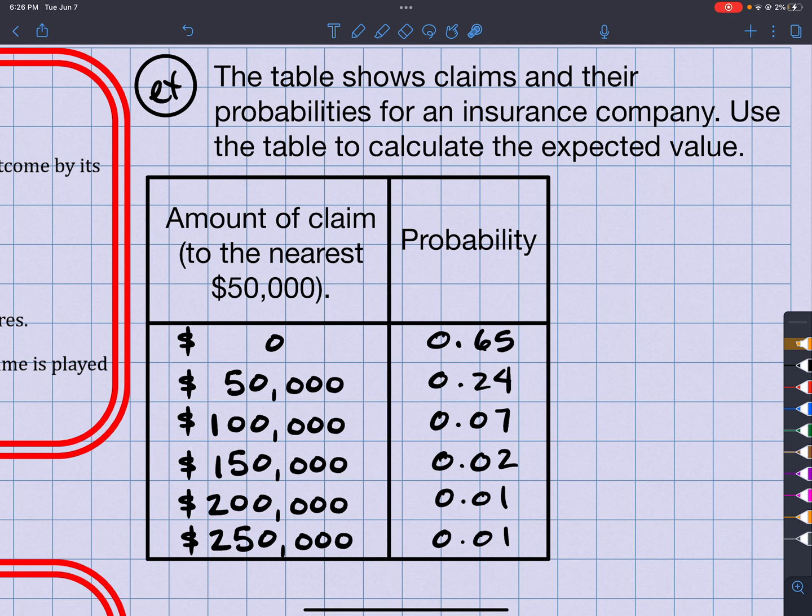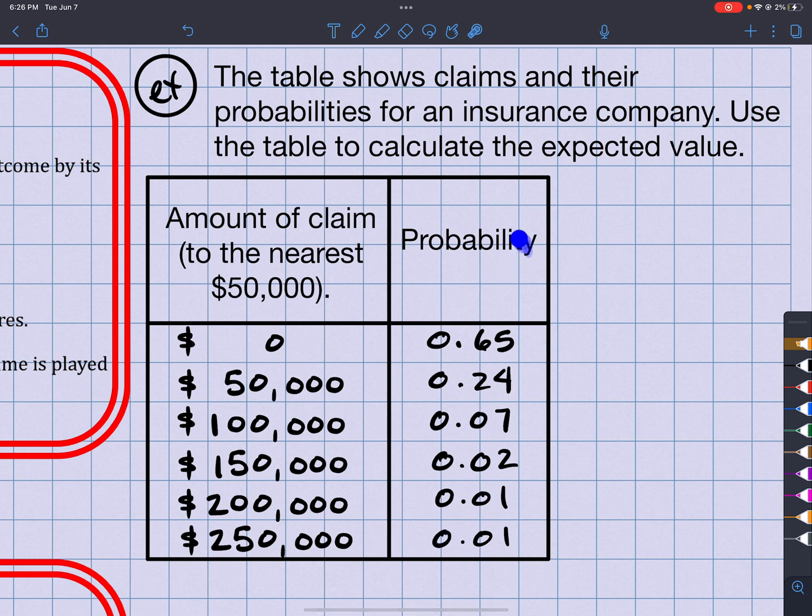Besides your deductible. So we need to figure out as an insurance company how much we're going to charge the customers. So in terms of expected value, then we know that's what we want to charge the customers as we go. So the amount of claim to the nearest $50,000. So here are their claims, and here's the probability of those claims happening.